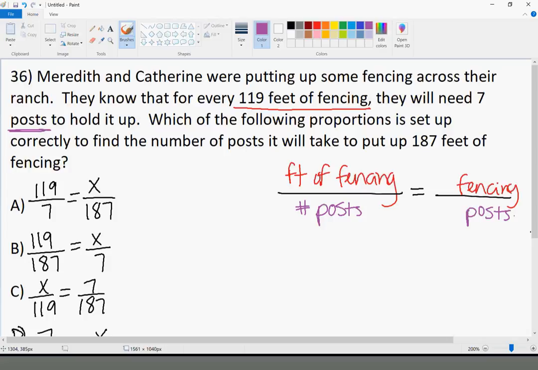You could say posts over fencing equals posts over fencing. What you do not want to do is say something like fencing over posts, and then set that ratio equal to posts over fencing.